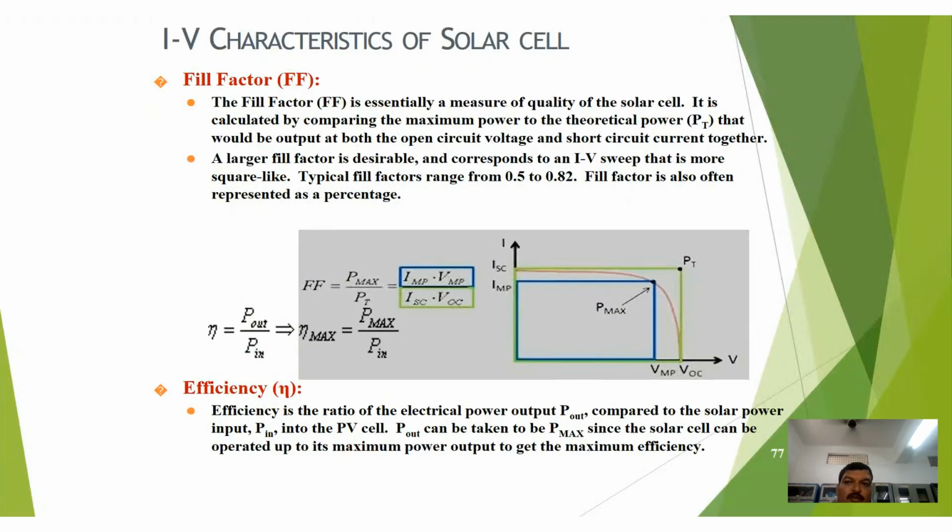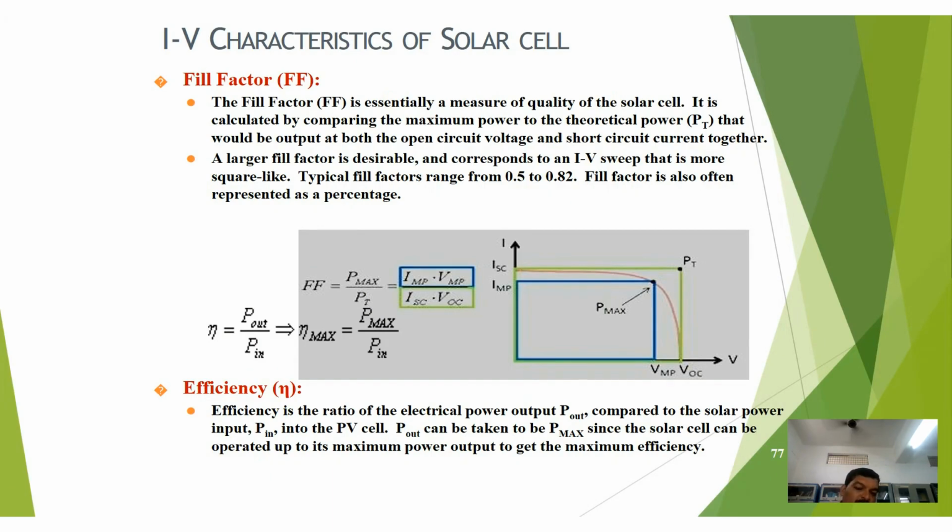If we take the fill factor, generally it is the quality measurement of a solar cell. It is calculated by comparing the maximum power to the theoretical power that would be output at both the open circuit voltage and short circuit current together. So fill factor is P max by P theoretical.